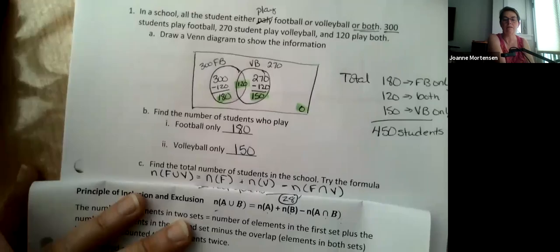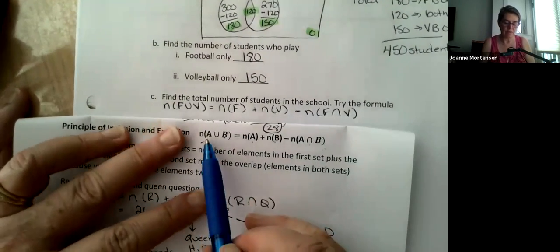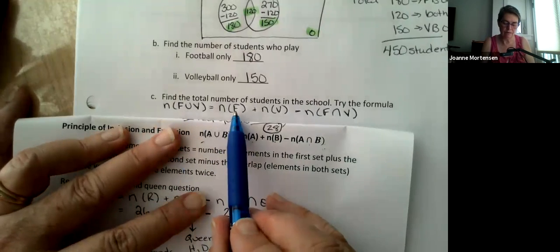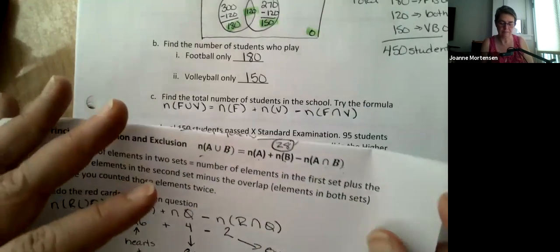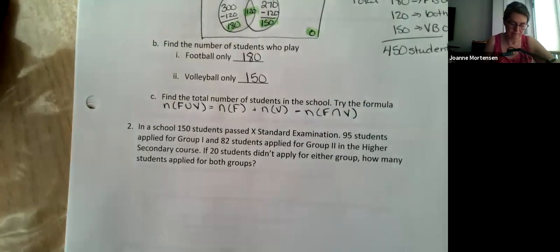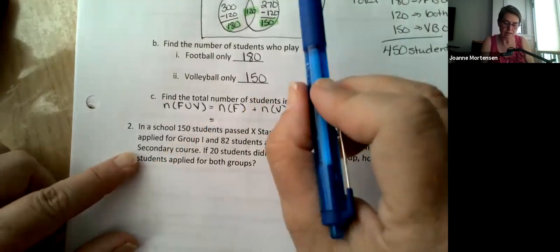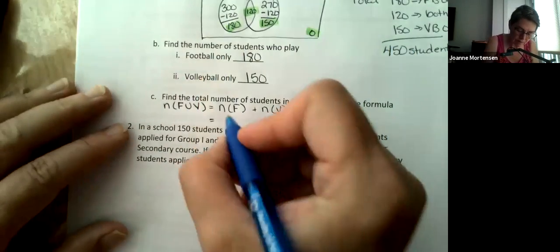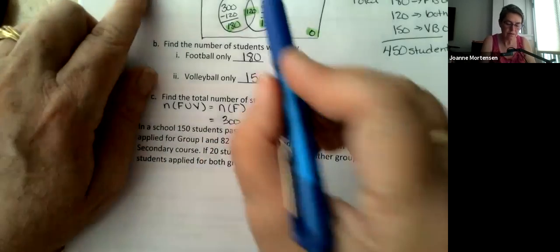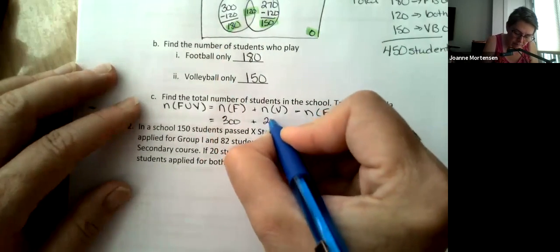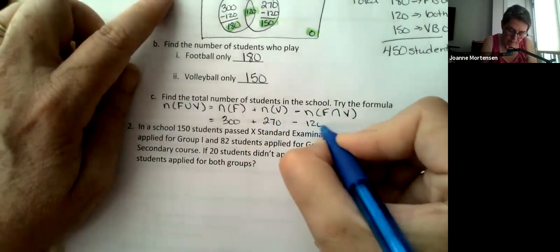So it's the same thing, except everywhere there was an A, I was putting F for football. And everywhere there was a B, I was using V for volleyball. So the question says 300 play football plus 270 play volleyball minus 120 play both.